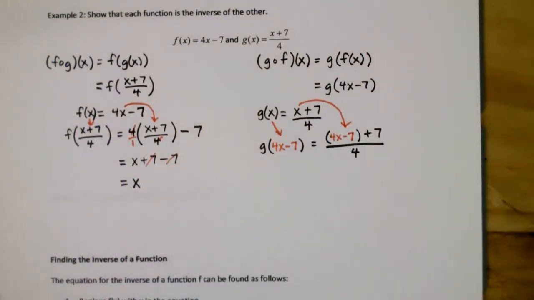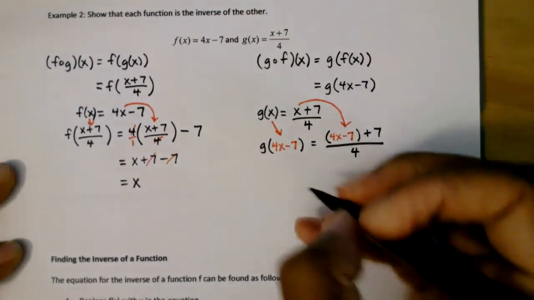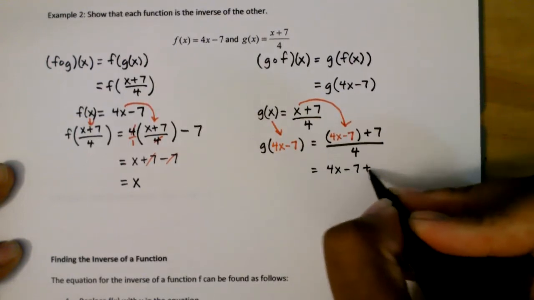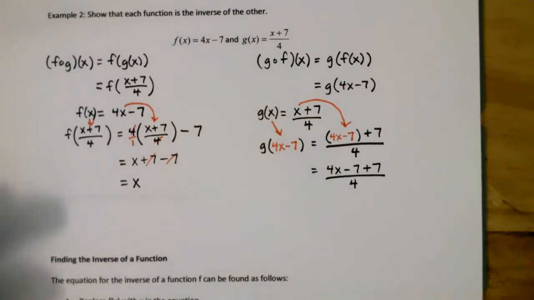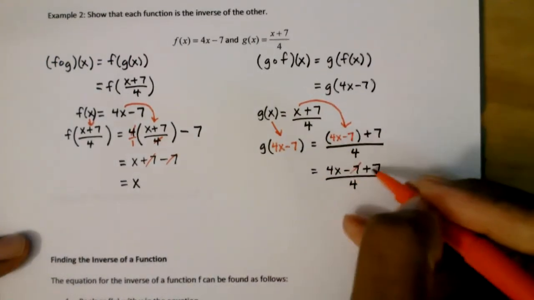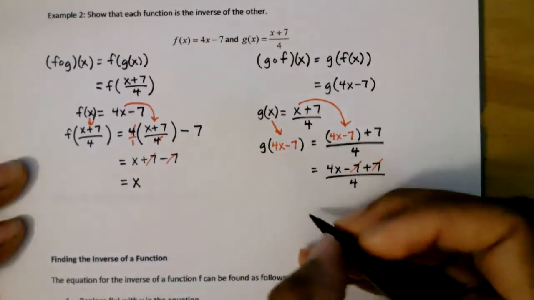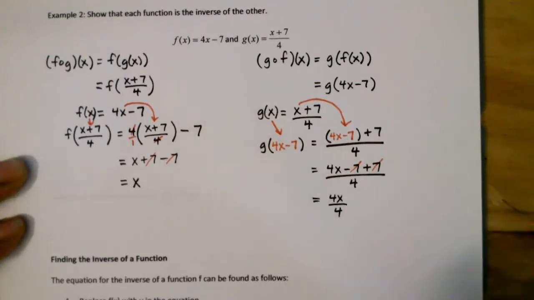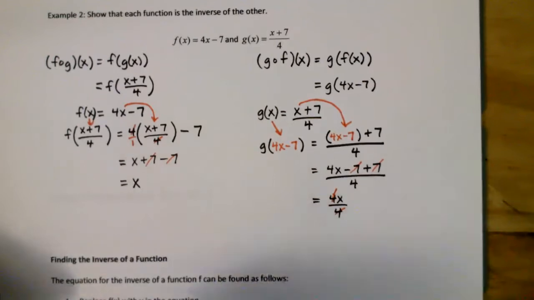Again, that's what f of x is equal to. Now, again, I can write that without the parentheses as 4x minus 7 plus 7 all divided by 4. The minus 7 and the plus 7 add to 0. That's gone. You're going to be left with 4x divided by 4. And of course, these 4's divide out. You're left with just x.